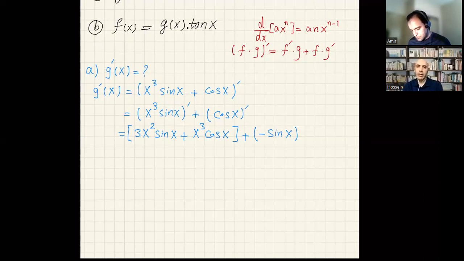Okay. Yeah, I think you can go one more step to simplify it a little bit more. So maybe you have two terms with sine of x, you can factor them out. Yes.